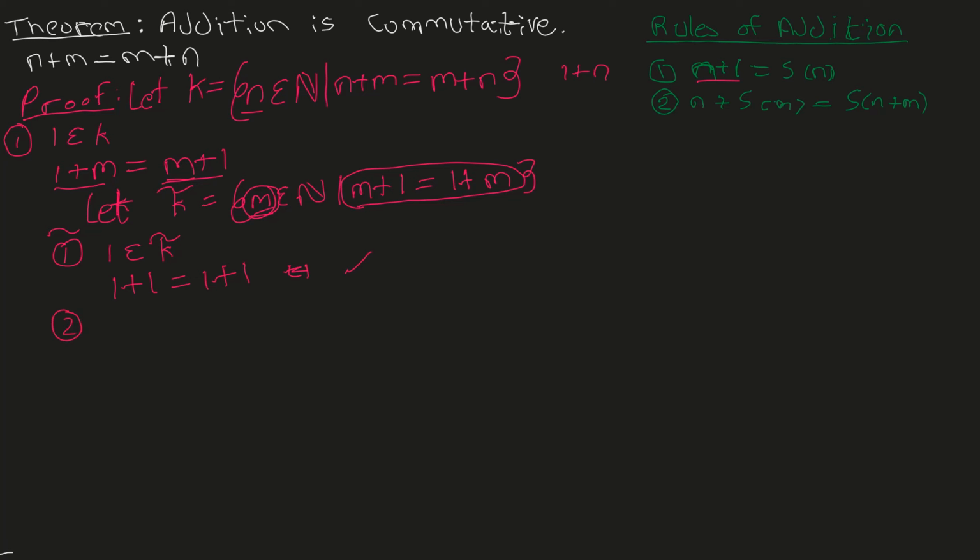Now for 2 tilde, let's prove that the successor of m is also in K tilde. So we're going to replace m with the successor of m, and write it this way: successor of m plus 1 is equal to 1 plus successor of m.